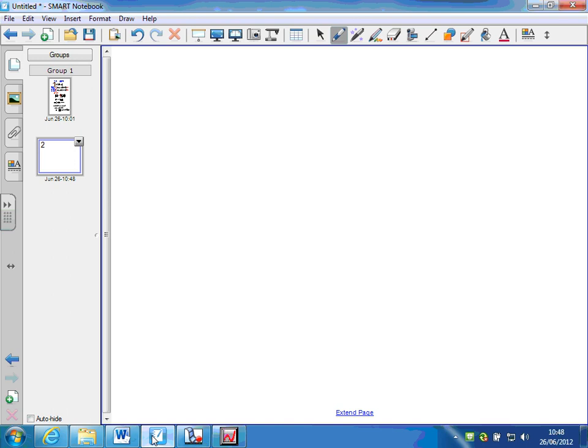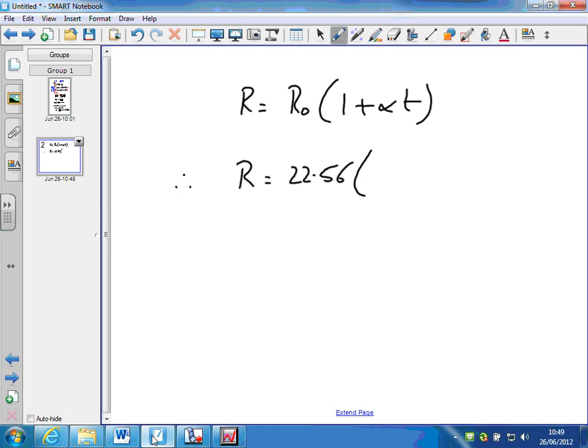The equation I'm after is R equals R naught (1 plus alpha T), but now we know what alpha and R0 are, so we can write that R equals R0, which when you calculate it turns out to be 22.56 using the values in the textbook, (1 plus alpha, which was 0.00426 using their value), times T. So that's the equation we're going to put into Autograph.